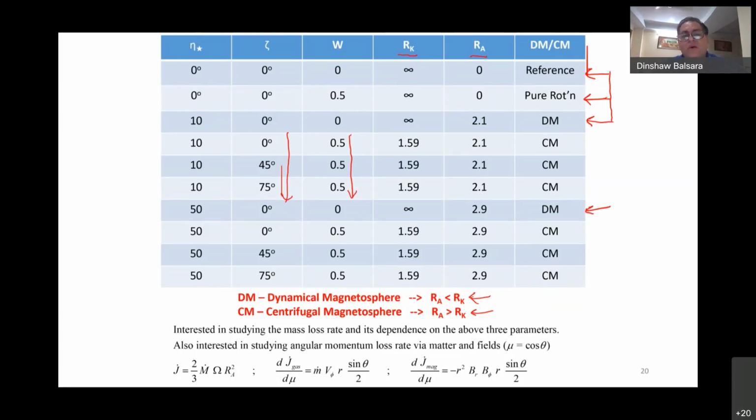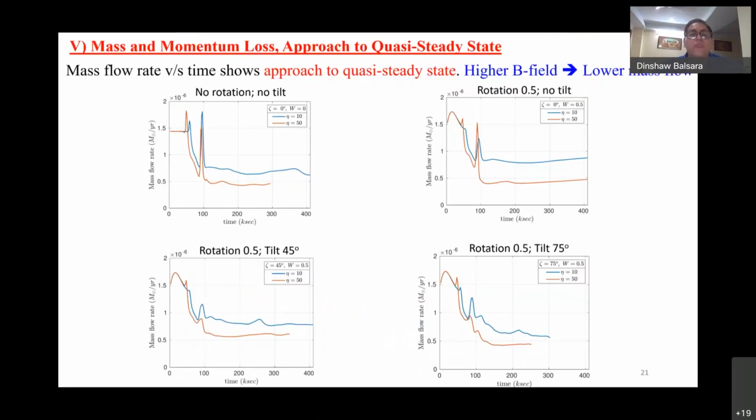And then we spin up that situation, which is what is done out here, again making a bigger and bigger angle between the rotation axis and the dipole axis. Now notice that because I have tabulated Rk and Ra, I can make a theoretical estimate of which should be dynamical magnetospheres and which should be centrifugal magnetospheres. We'll see how well our theoretical estimates hold up in light of actual simulations.